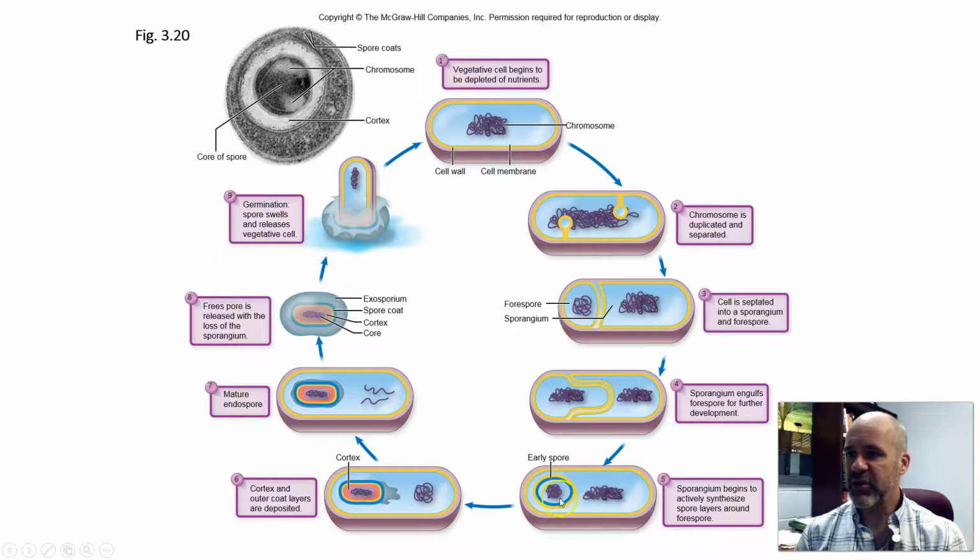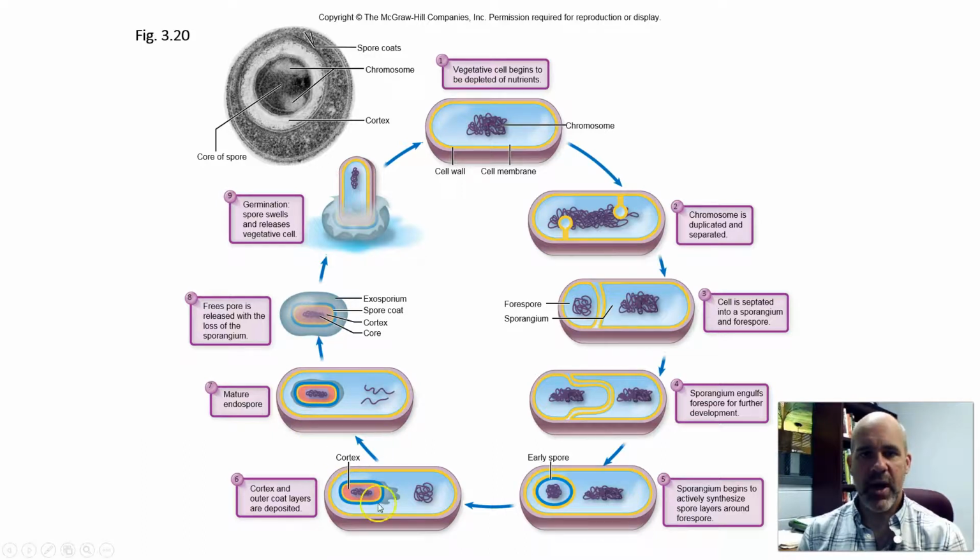And then there are additional layers that are added. So there's a spore coat and a cortex. Cortex is like an interior structural layer of the endospore. So you wind up with the DNA in the center and multiple endospore coat layers around this.